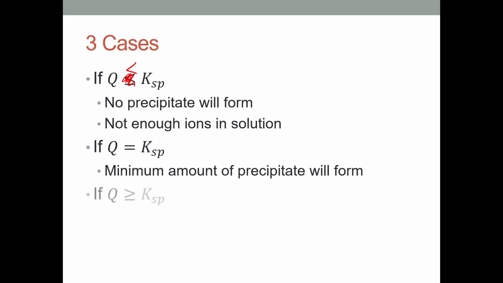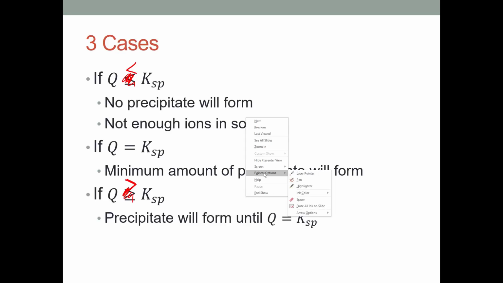If your trial ion product Q is greater than KSP, let's clean this up a bit.